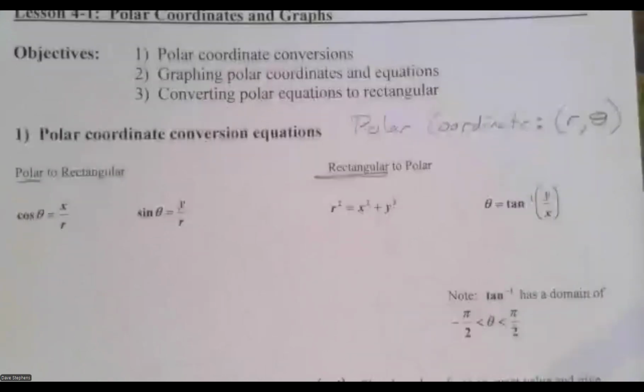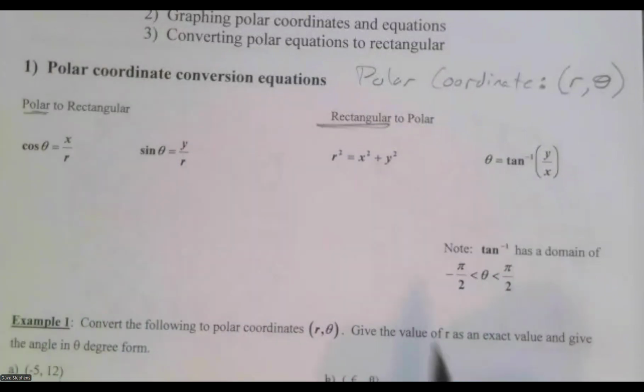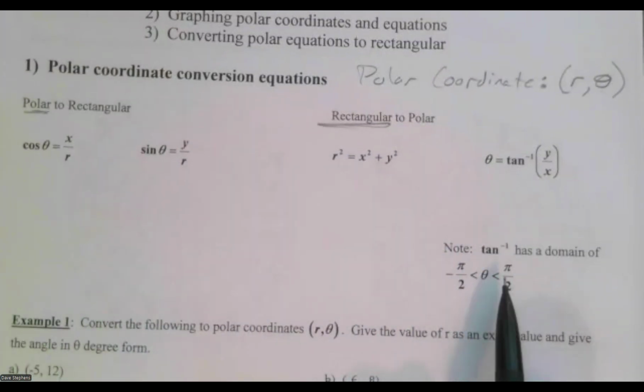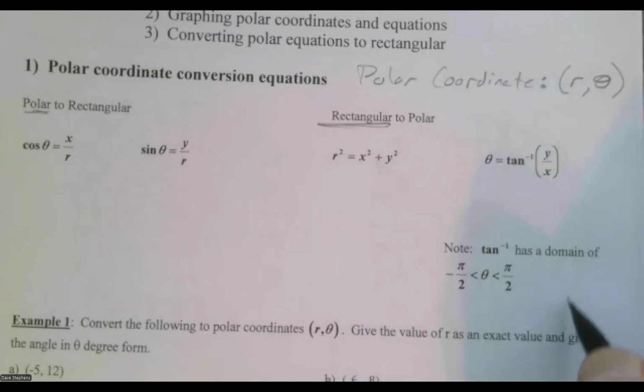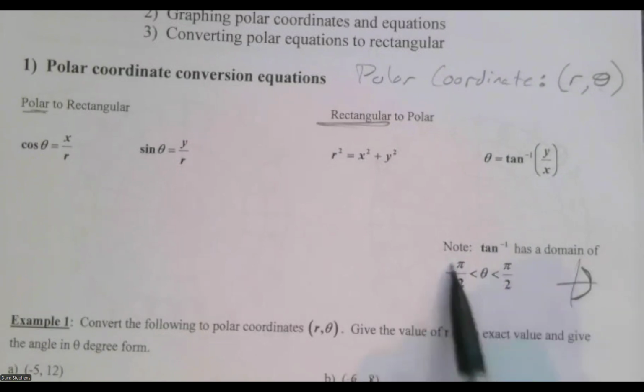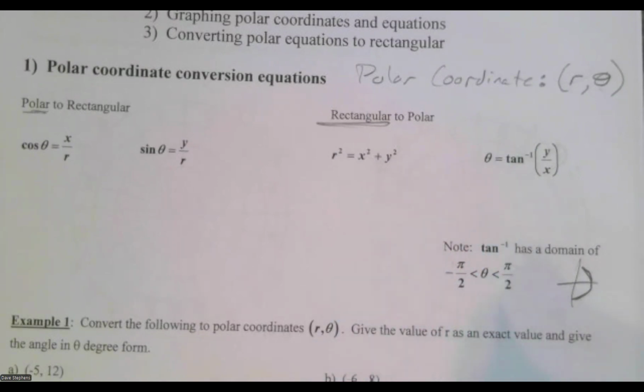Now here it says note tangent inverse has a domain between negative pi over 2 and positive pi over 2. So all the tangent angles that we get are going to be the angles that are over here. So if we're dealing in polar coordinates and we need to land in quadrant 3 or 4, we need to make sure we understand what angle we're using, because our calculator might not kick back exactly that way.